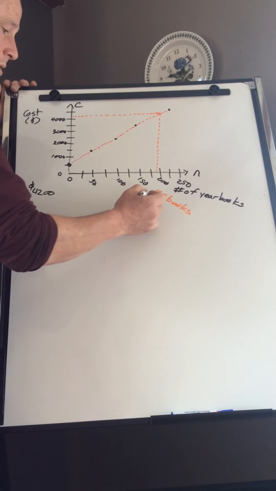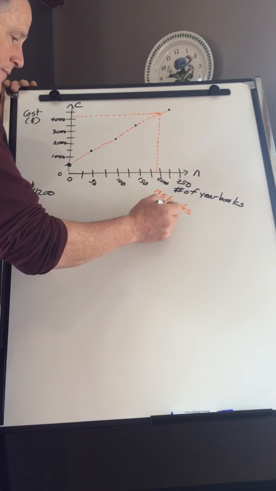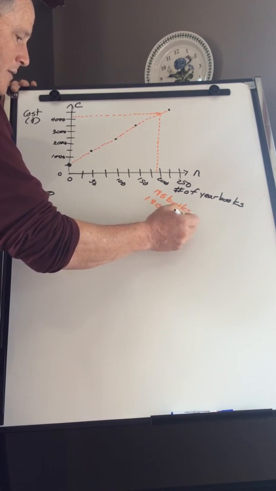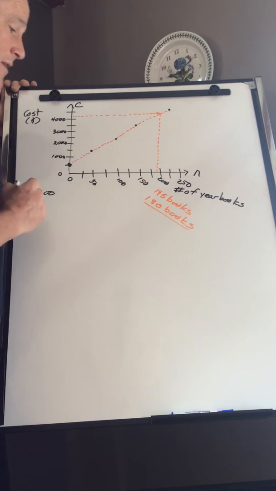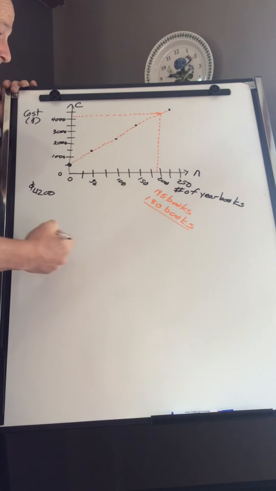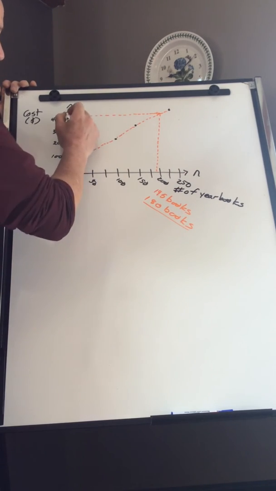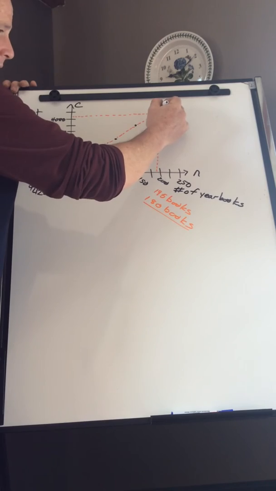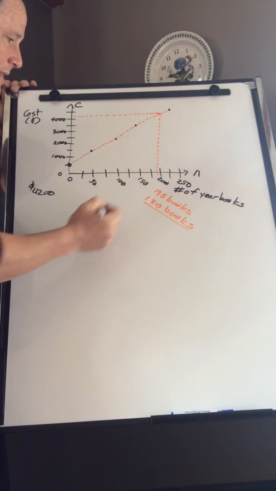Based on the graph in the book, it's actually 180 books. So, if you had a good graph, you would have the answer of 180 books. Based on mine, we get about 195 because I went across 4,200 and then I came back down and it gave me that.